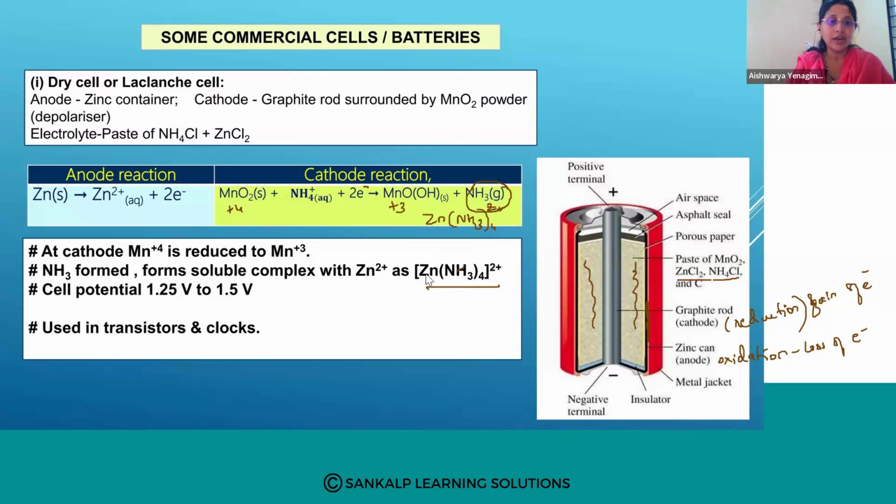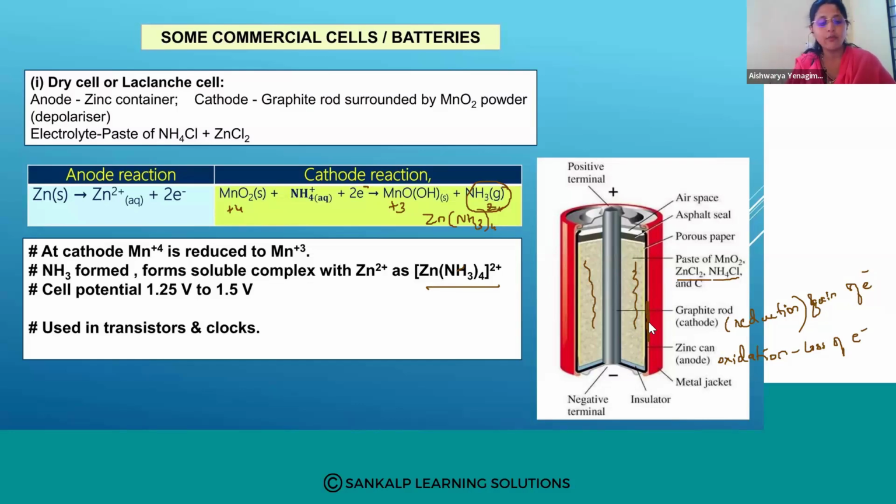Dry cells do not have an indefinite life. If acidic NH4Cl corrodes the zinc container, it becomes useless and is not in use.